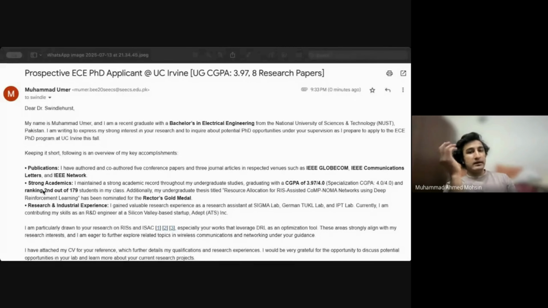We wrote our CGPA and our research papers, and then in the first paragraph we just gave an introduction about ourselves, what we are pursuing, what our GPA is, and that we are looking for a PhD admission at the specific university. Then, like a TLDR, we had some points in our profile to show the venues of our publications, our academics and our research experience.